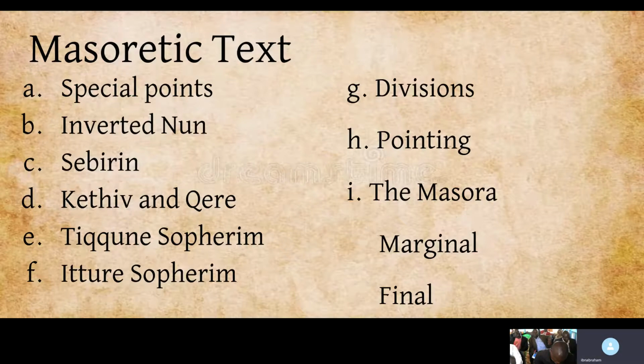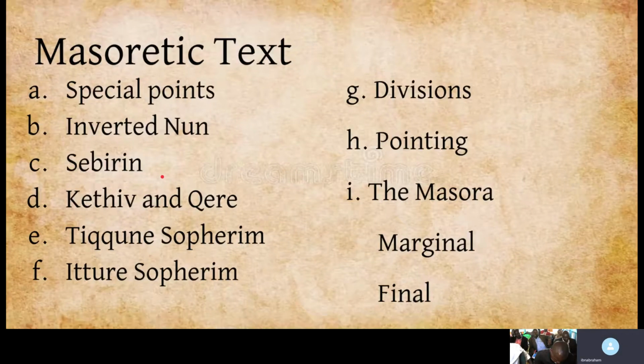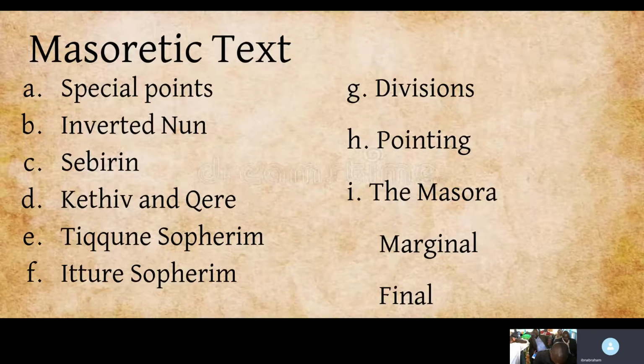The next feature is called sebarin. In a lot of different instances, and one scholar noted about 350 different instances in different manuscripts, there's a marginal note to an unusual word or usage in the text, and it's introduced by the word sabir, the passive particle of the Aramaic word sabar, to suppose.